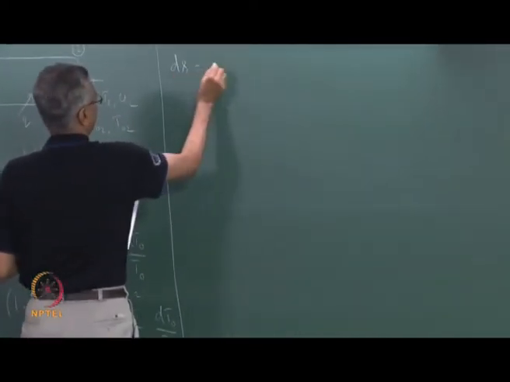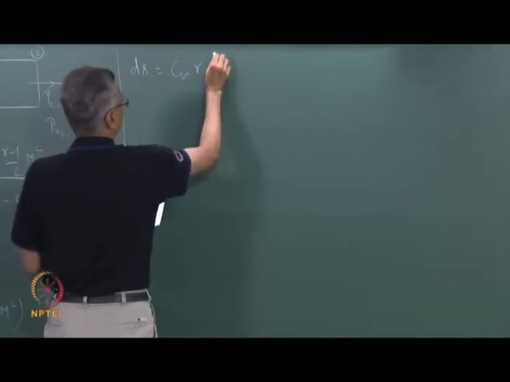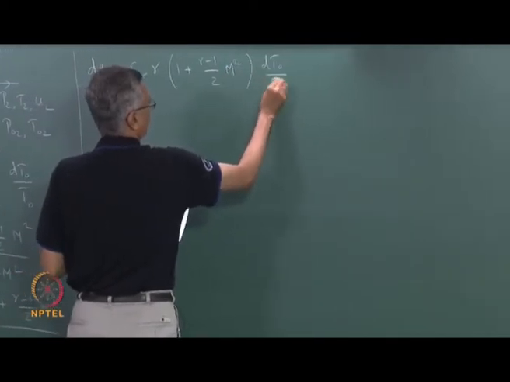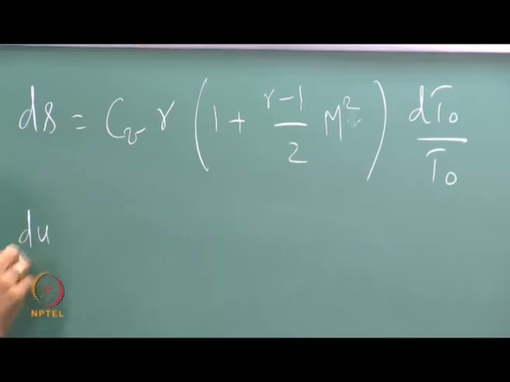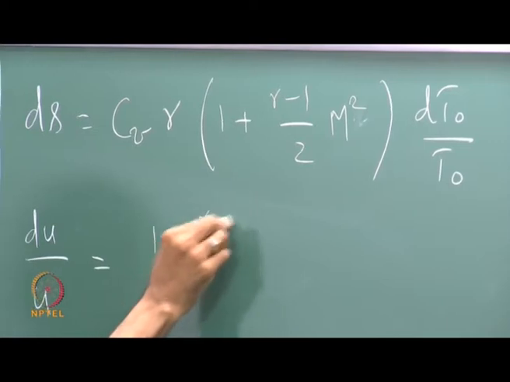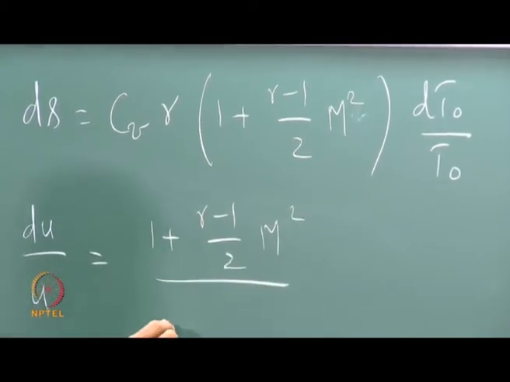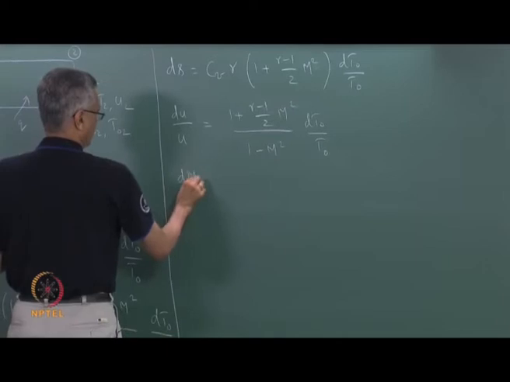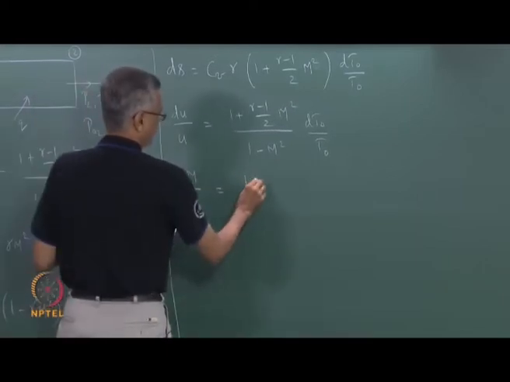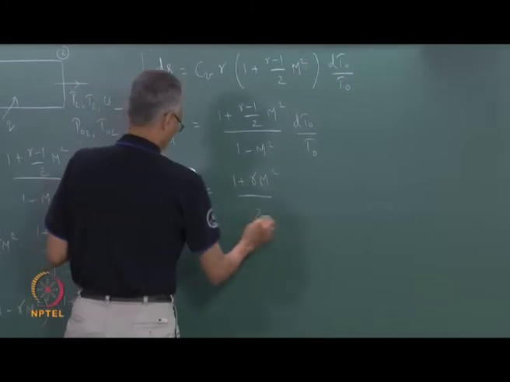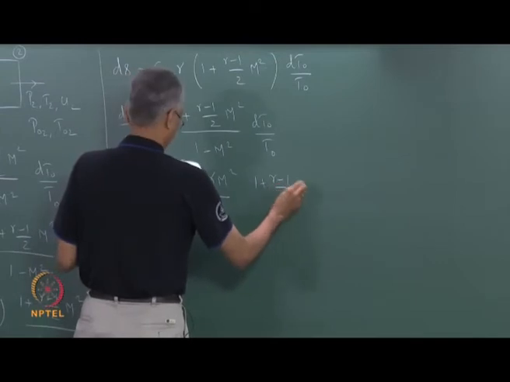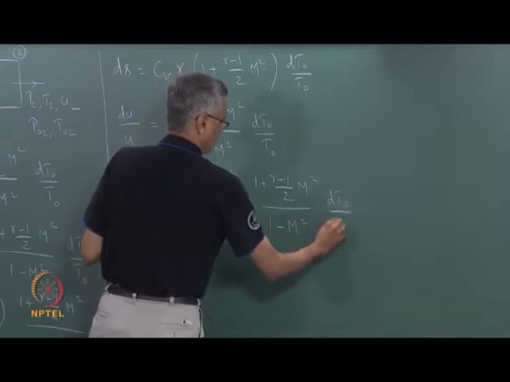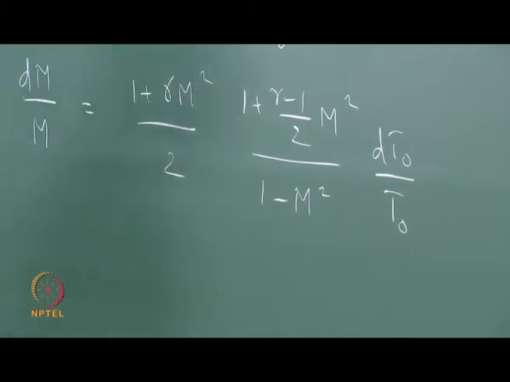And change in entropy, change in velocity du over u, and change in Mach number finally. So, these were the equations that we had written down.